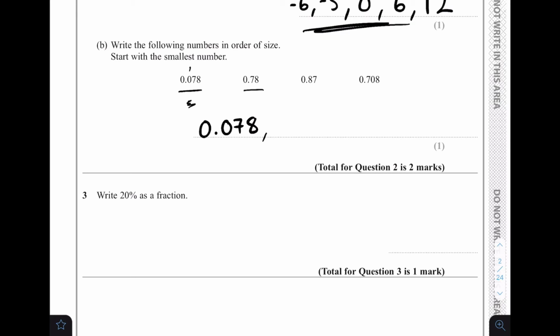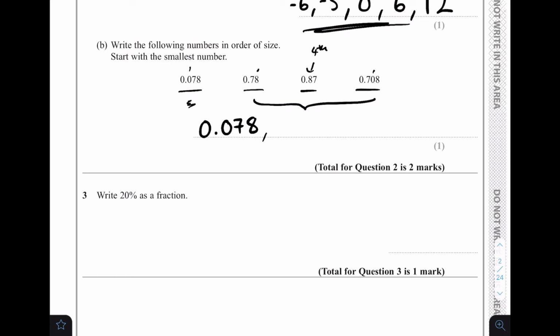Now if we consider these three here, we've got 0.78, we've got 0.87 and then 0.708. 0.87 appears to be the largest, so we'll place this fourth because it's got an 8 after the decimal point. The other two have 7 after the decimal point. So then we look to the second number after the decimal point.